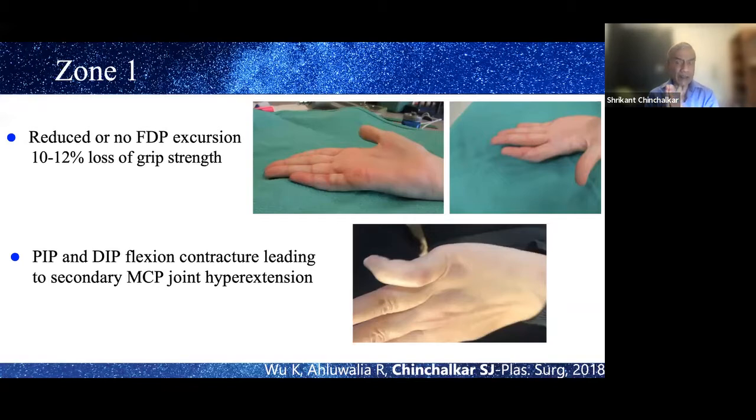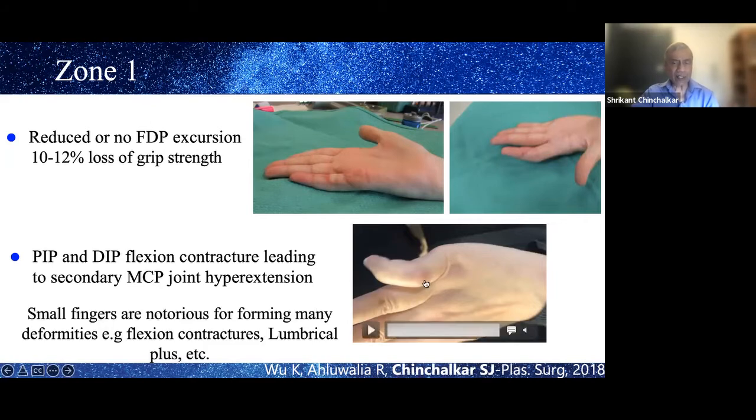Keep in mind that the small finger at the metacarpophalangeal joint has a greater dorsal curvature, and as a result of tendon adhesion and PIP joint flexion contracture, the metacarpophalangeal joint will always ride in hyperextension, which compounds the greater flexion deformity at the proximal interphalangeal joint as well as the distal interphalangeal joint.